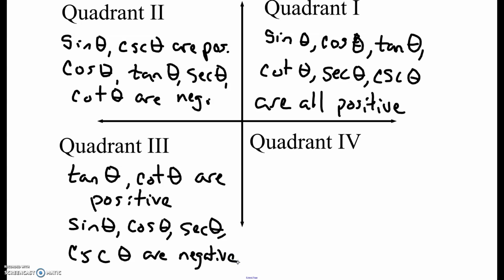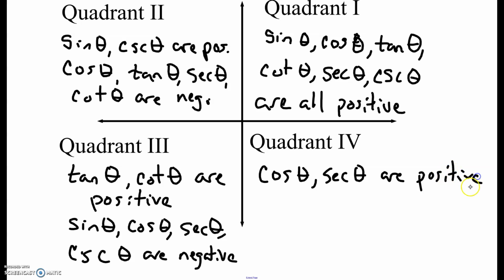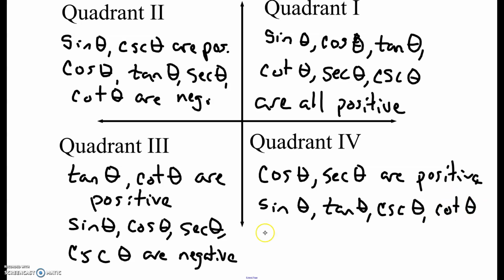And in quadrant 4, cosine and secant are positive. Sine, tangent, cosecant, and cotangent are negative.